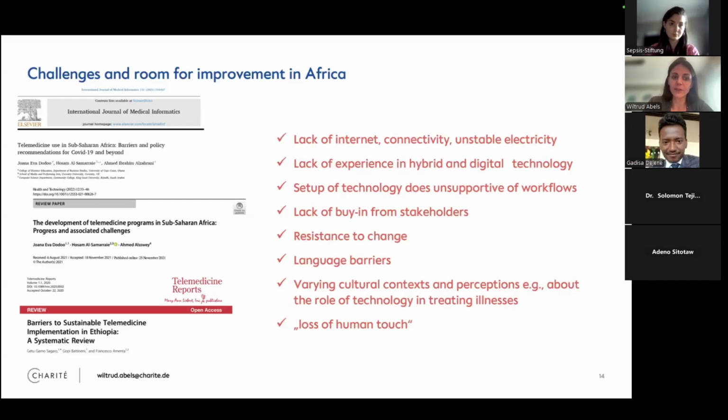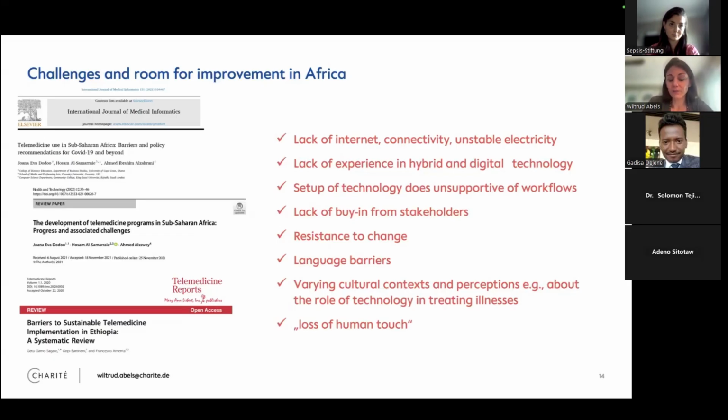Some people just need a little longer to embrace new technology, especially when it comes to healthcare. There are sometimes language barriers that need to be overcome. There are, after all, varying cultural contexts and perceptions, for instance, about what role technology should play at all in treating illnesses and in healthcare.